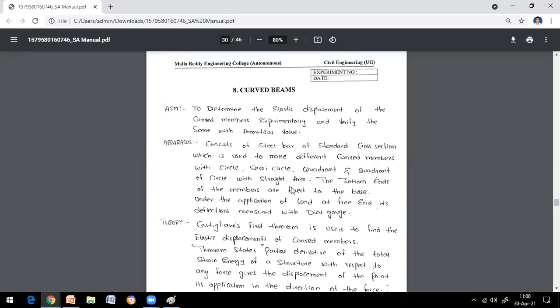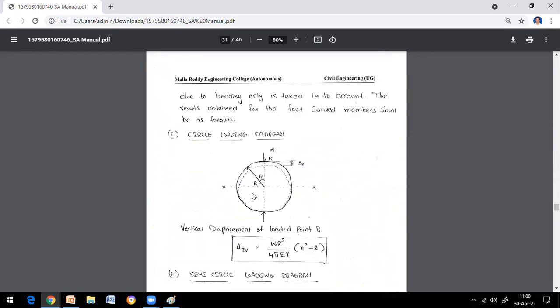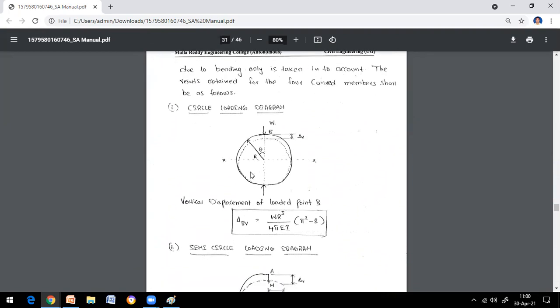So these are the 4 different curved beams in your laboratory, where you are going to test the elastic displacement with respect to horizontal and vertical, theoretically and experimentally. As per your syllabus, they are asking you to do 2. First one, circular loading diagram, and the second one is semicircular loading diagram.